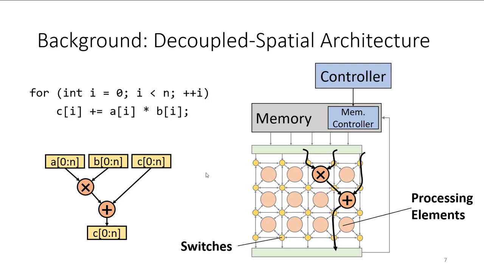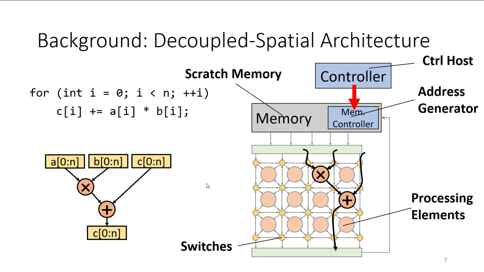The memory accesses are encoded in control intrinsics issued from the control host to the memory controller. Then the memory controller sends memory requests so that the data can stream through the spatial architecture to execute the program. When multiple data streams need to be synchronized, a synchronization element made of coordinating FIFOs will ensure a proper timing. I will discuss the design trade-offs of the key hardware primitives in the next few slides.